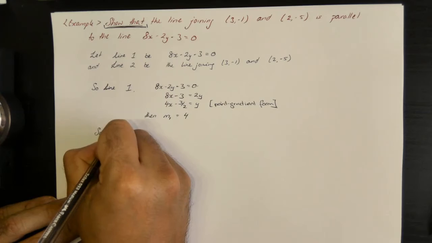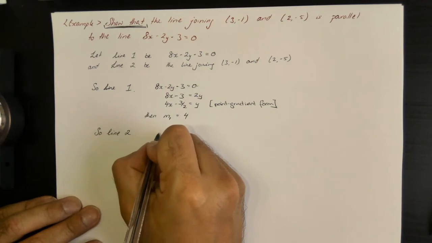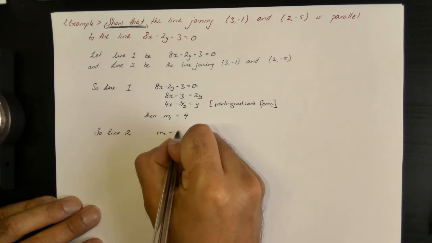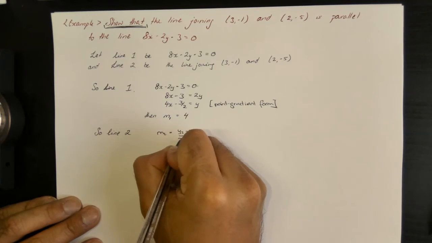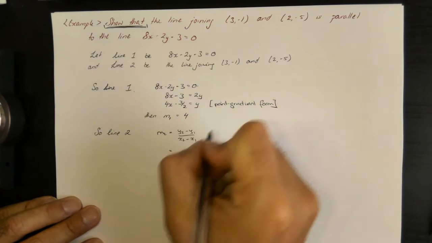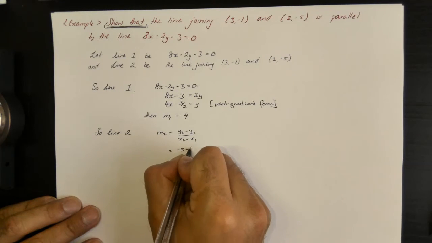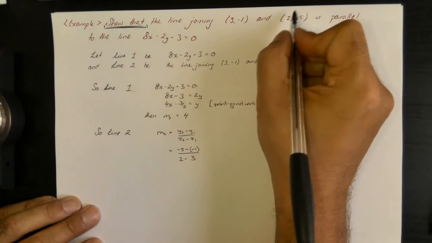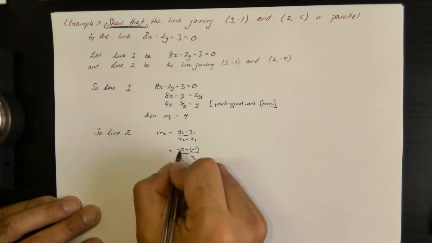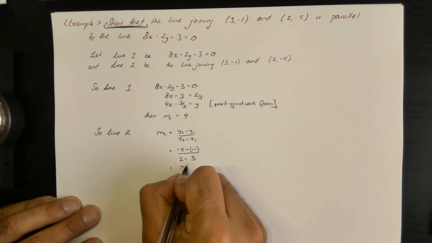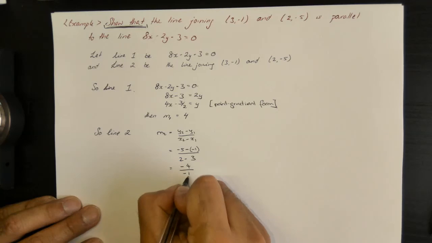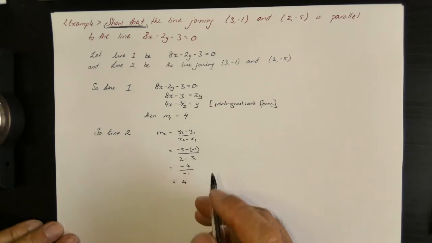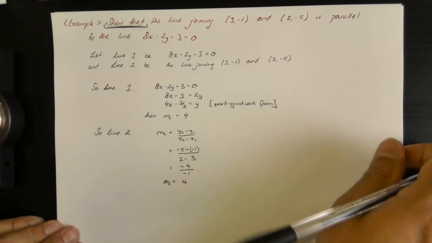For line 2, we want to find the gradient. m2 is equal to (y2 minus y1) over (x2 minus x1). We get (-5 minus -1) over (2 minus 3), using the first point as my first point and the second as my second point. Cleaning this up, I get -4 over -1, which is a positive 4. So m1 equals 4 and m2 equals 4.